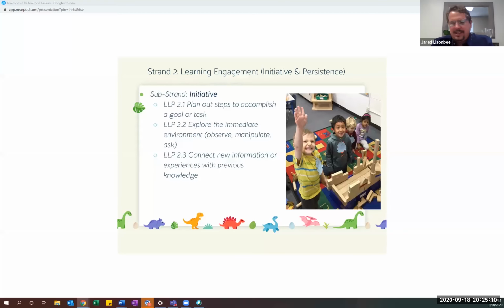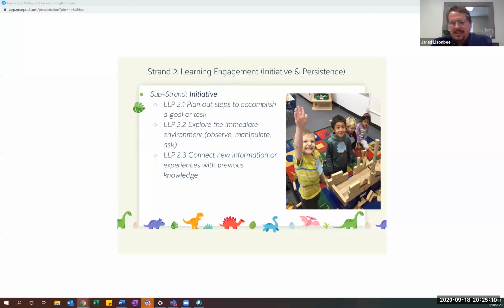These are all things that teachers do in the classroom that fall under the CLASS teacher-child interactions: concept development, quality feedback, and language modeling skills. But ultimately, these are what's helping children to develop successful long-term learning ability. Go ahead to the next one.